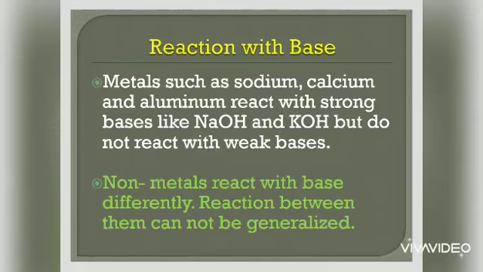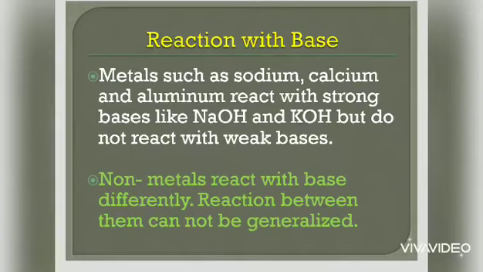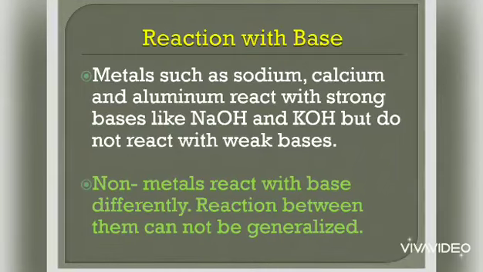Strong bases are those which completely dissociate and liberate OH negative ions, and weak bases do not completely dissociate. Non-metals react with bases differently. Hence, we cannot generalize the reaction between a base and a non-metal.